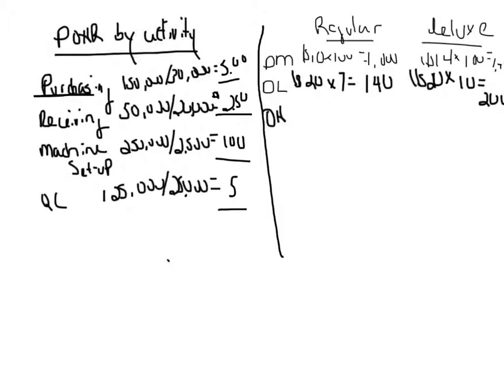So now we simply do the math. Once you get this order in your head, it's just doing the math. For purchases, how much are we going to do? We had seven purchase orders. Paige, what did you get for that?